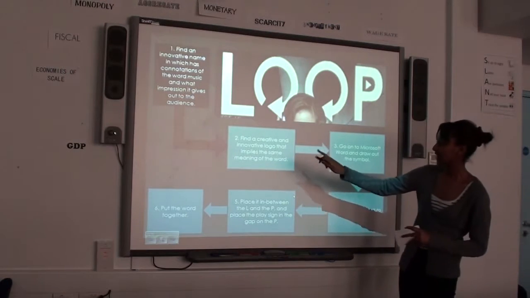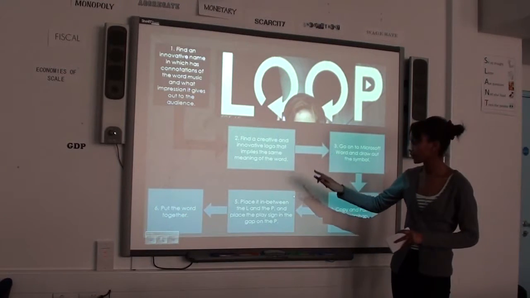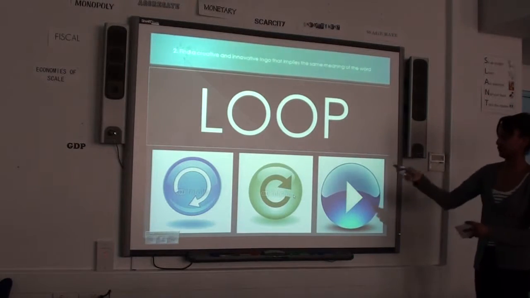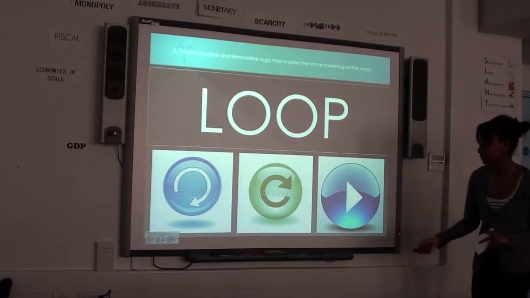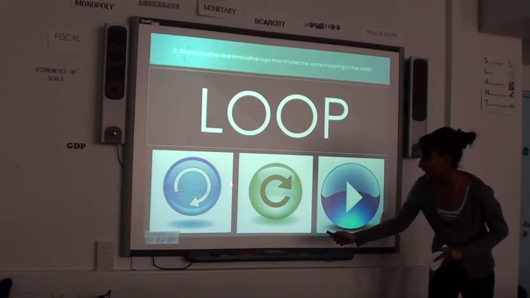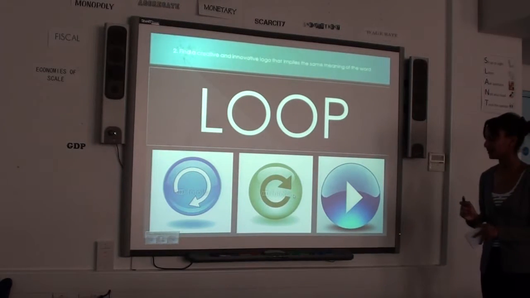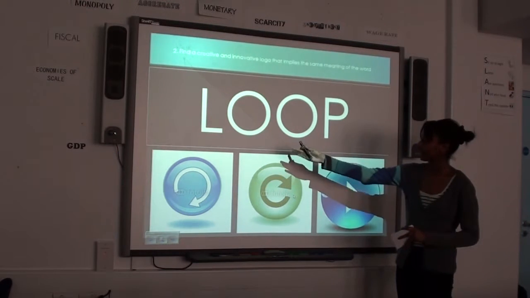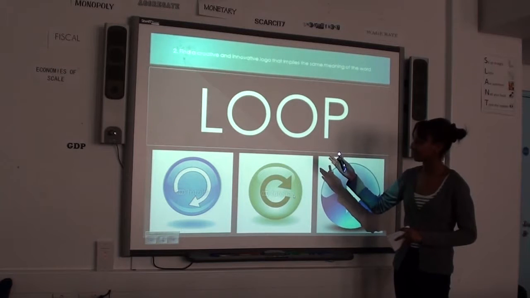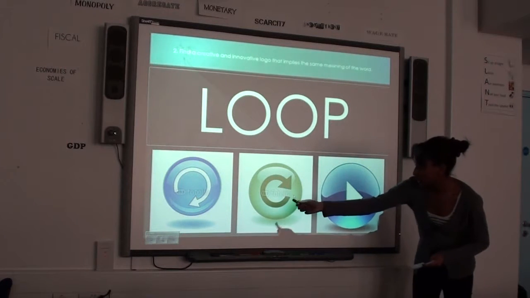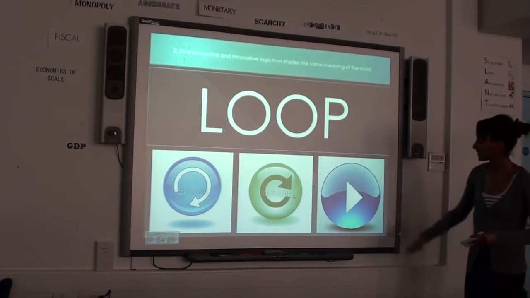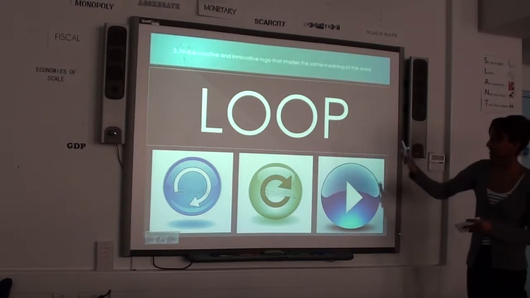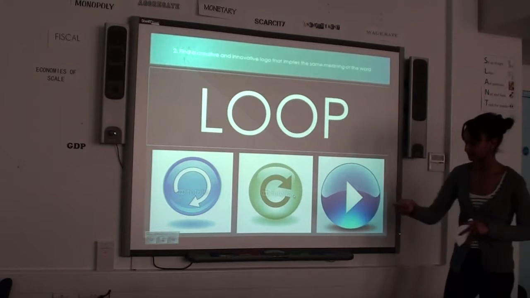Then I had to find a creative and innovative logo that implies the same meaning of the word loop, and replay symbols. I thought these symbols in particular were helpful in reaching my conclusion of having a masthead with implications such as loop symbols, and also a play sign to go in between my P, because I didn't want it to look boring.